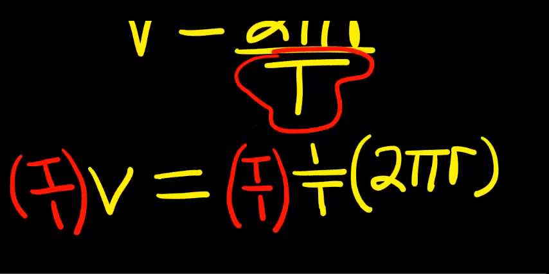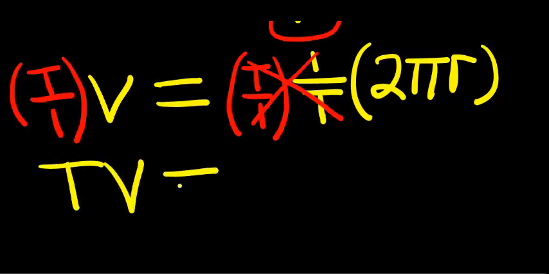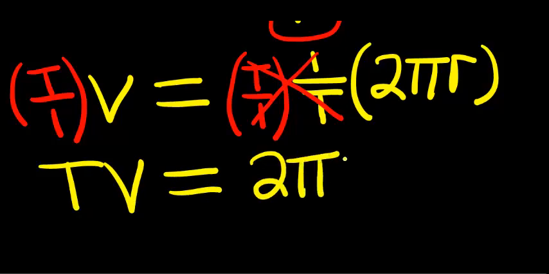Sometimes when you put it this way, you can see that you had a fraction and maybe it's a little bit easier for you to start the problem. So a t, and here's another t divided by t is going to reduce to 1. And this over here, they are not like terms, so I cannot combine unlike terms. I have to write it as t times v, and that will equal the 2 pi r.